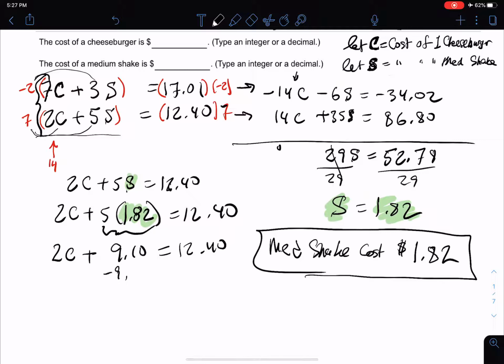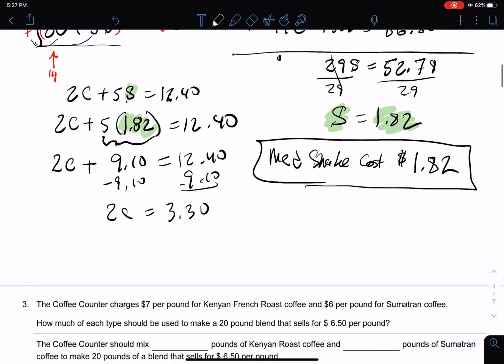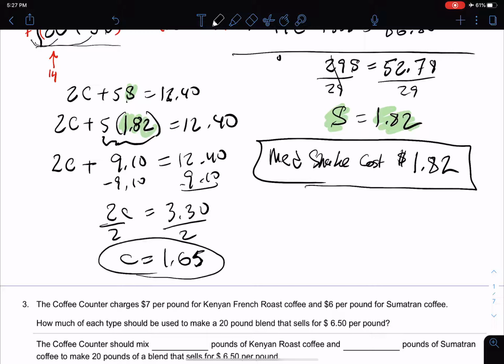We subtract 9.10 on both sides. We get 2c equals $3.30. We go ahead and divide by 2, and we get c equals $1.65. So that was a little hard to believe.